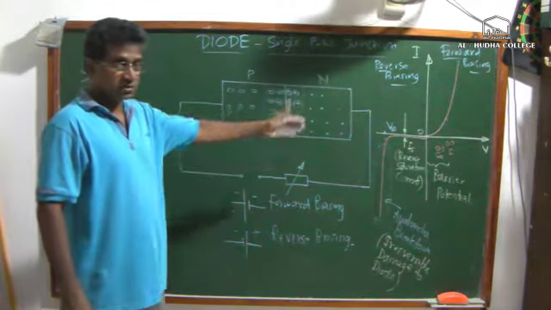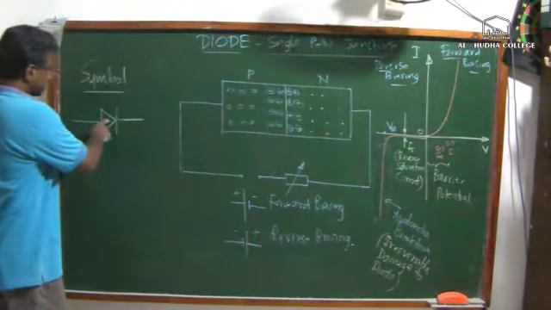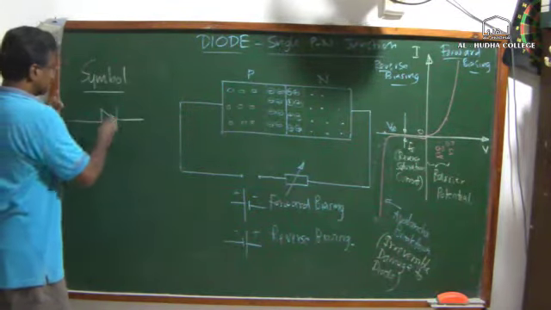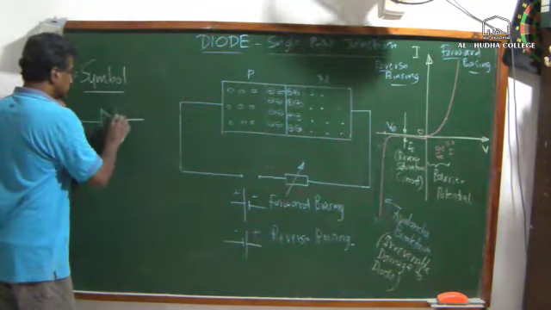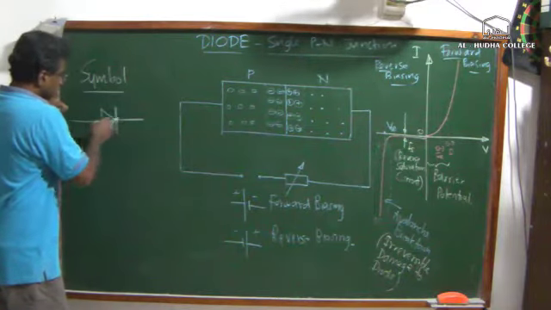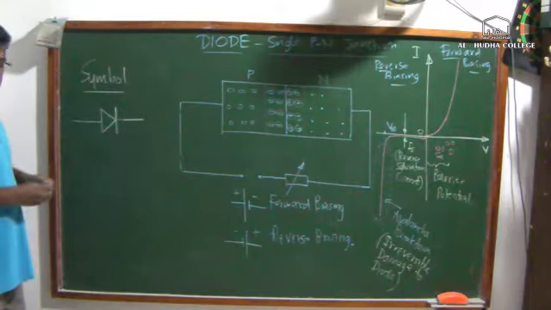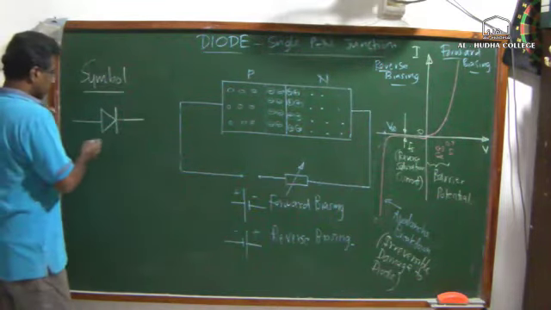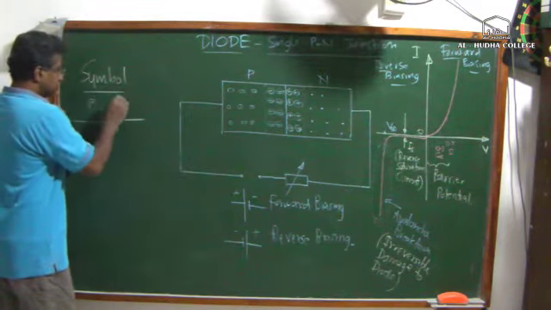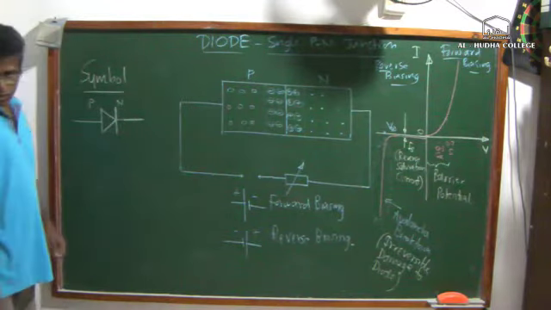This arrow represents the current flow in the forward bias condition. So when you mark it like this, this side is always P type and this side is always N type.